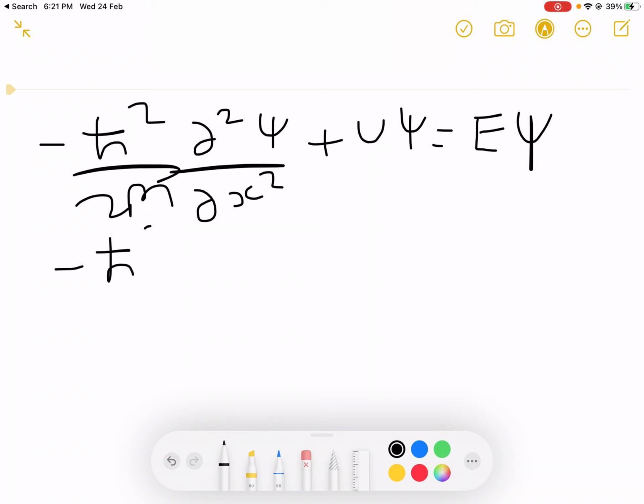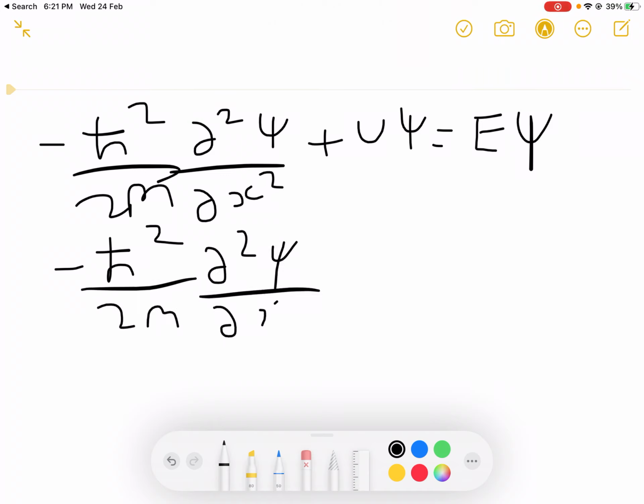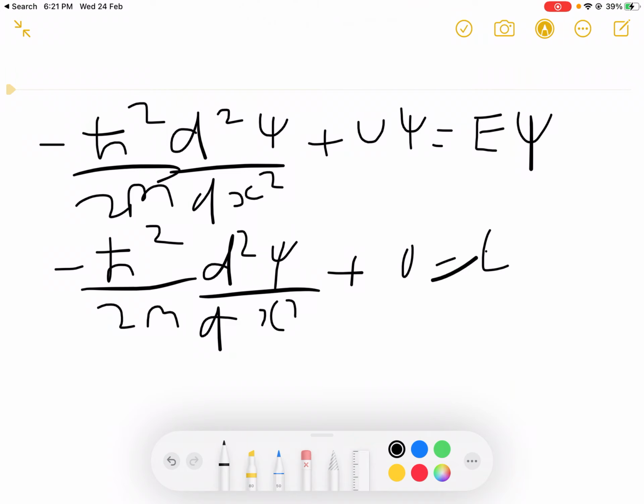So negative h bar squared over 2m d squared psi over dx squared, I'm sorry, I just made a little mistake over here. Get rid of the dels. I will need a d, plus 0 is equal to E psi.